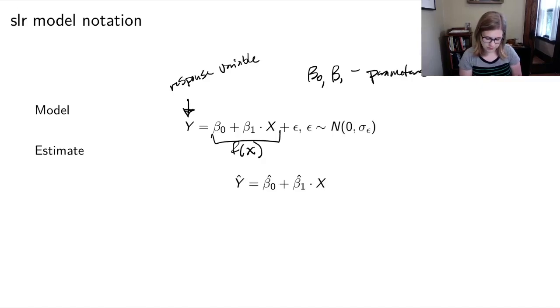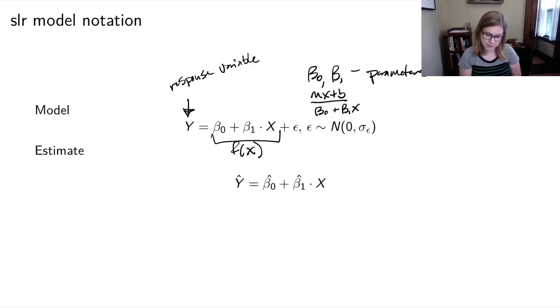But this is how we do that sort of like mx plus b. That's probably how you've seen a line written before. We're going to say beta 0 plus beta 1x. So the b corresponds to the beta 0, and the m corresponds to the beta 1.